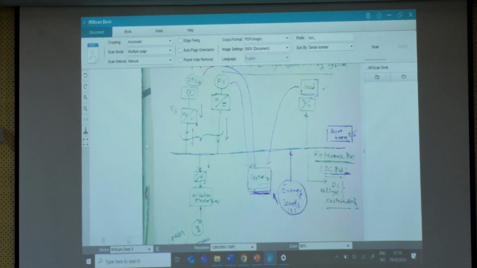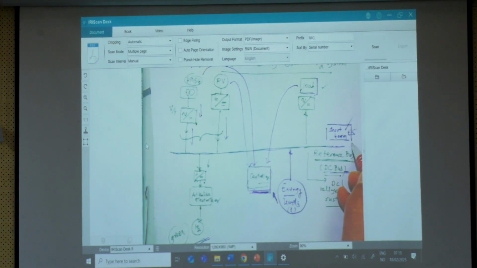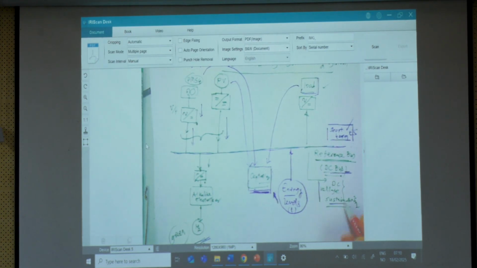This short term energy storage may help us in defining some levels of energy on this DC bus. So, this short term energy storage is going to help in maintaining the sustainability of the DC voltage on this DC bus.